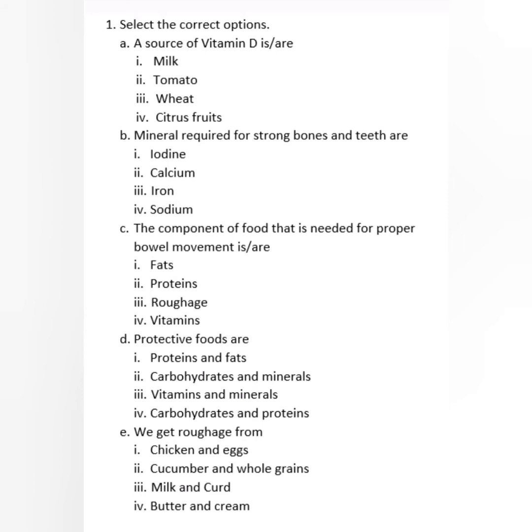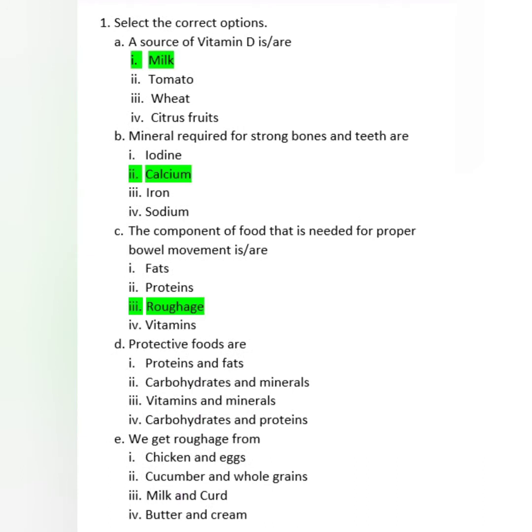Vitamins, protective food. What is left? That is roughage or fiber. Bowel movement means that solid waste is discharged in the act of defecation, the proper movement of solid waste, which is helped by roughage, we know.